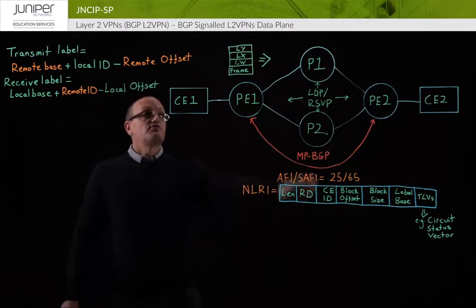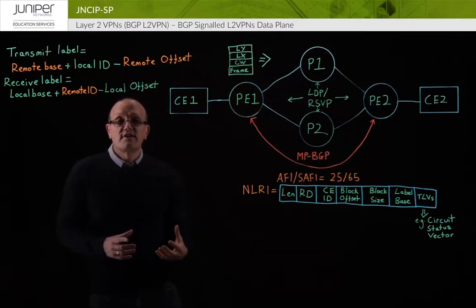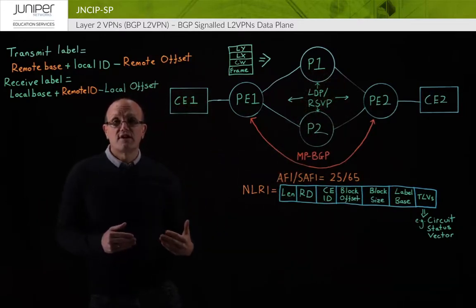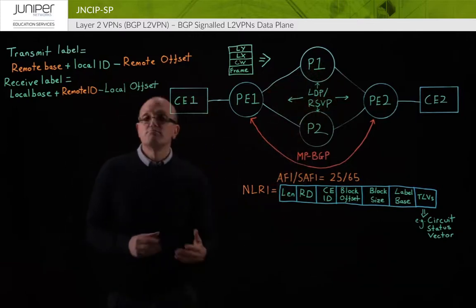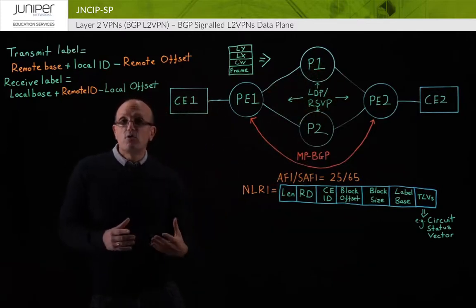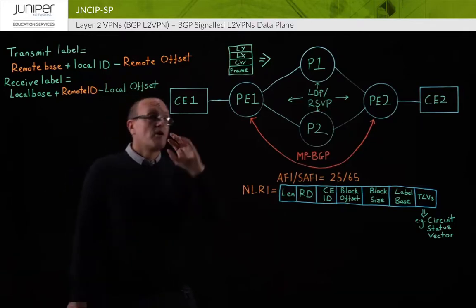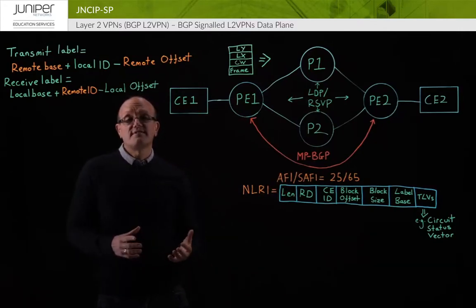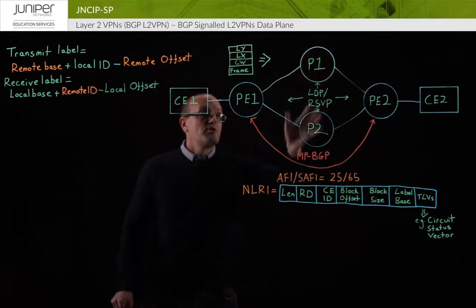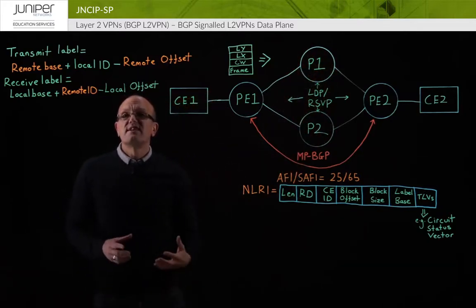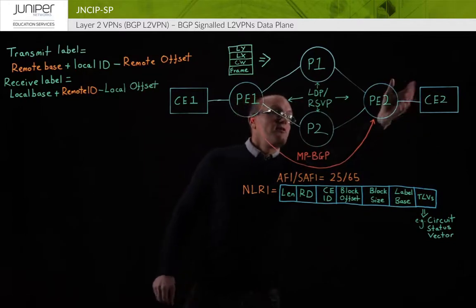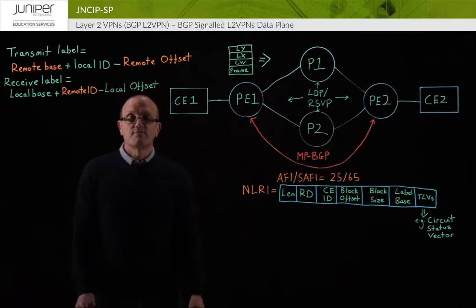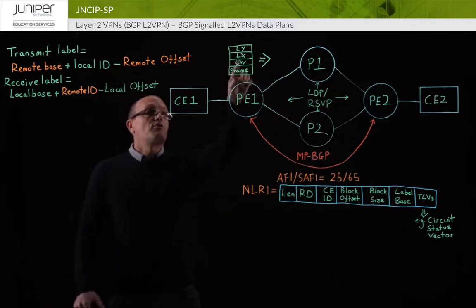In this case, the control word helps to identify the traffic correctly on the downstream devices, so that we will hash the traffic appropriately onto one of those multiple parallel links, i.e. we keep all traffic belonging to one virtual circuit on the same parallel link. If traffic was misidentified and it was sprayed across multiple parallel links, then this could lead to reordering on the egress PE. And obviously this can cause issues with certain types of traffic flows. So that's the control word.